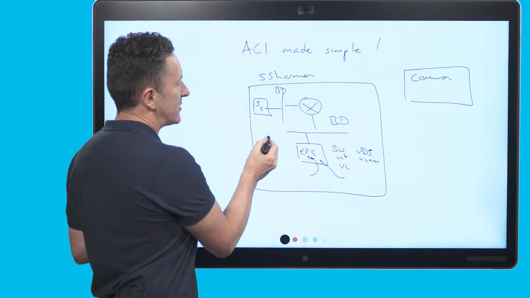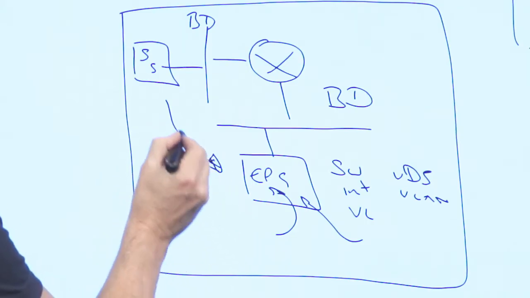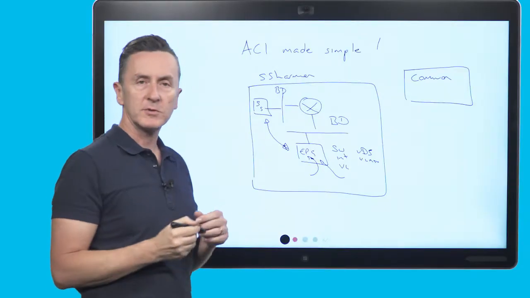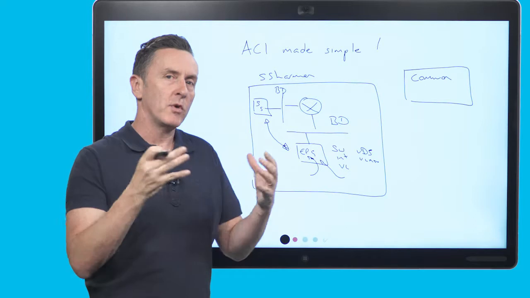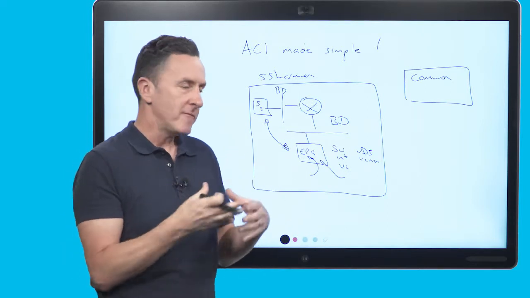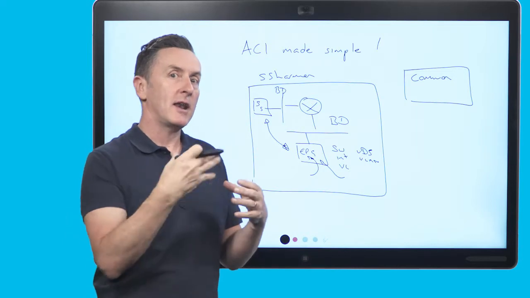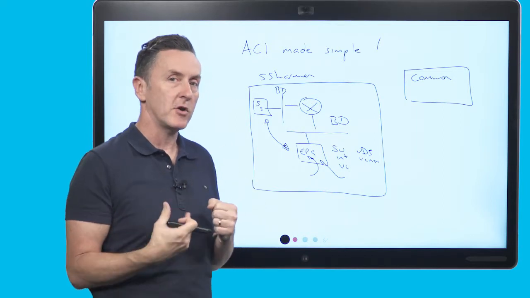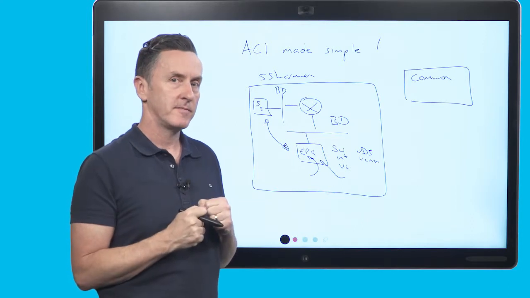But the security is really just an access list. That's the way I describe it to customers. So we put an access list that allows me to talk from group 1 to group 2 to allow that communication. So it really makes your whole network look like one large firewall, because every group of servers now is isolated unless I put a contract or an access list in place to allow it to talk to something else.